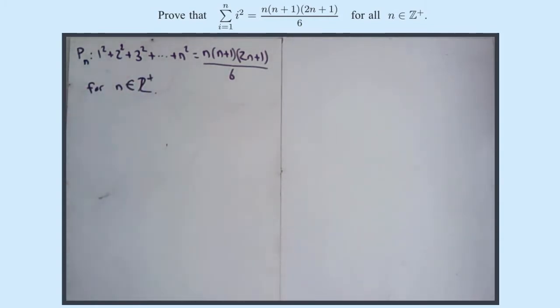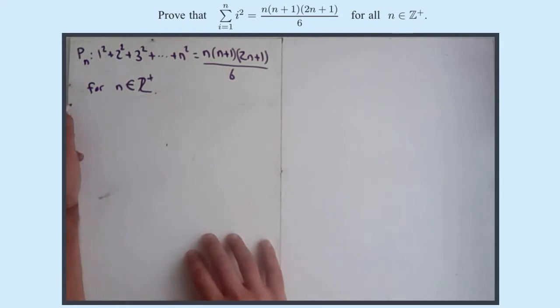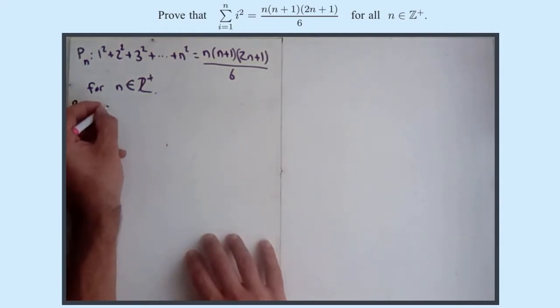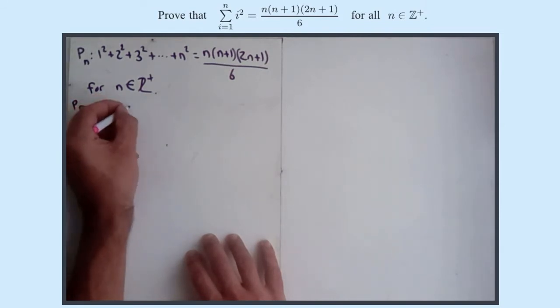Right, so this is what we're trying to prove. We need to say how we're going to prove it. So we're going to do a proof by the principle of mathematical induction.